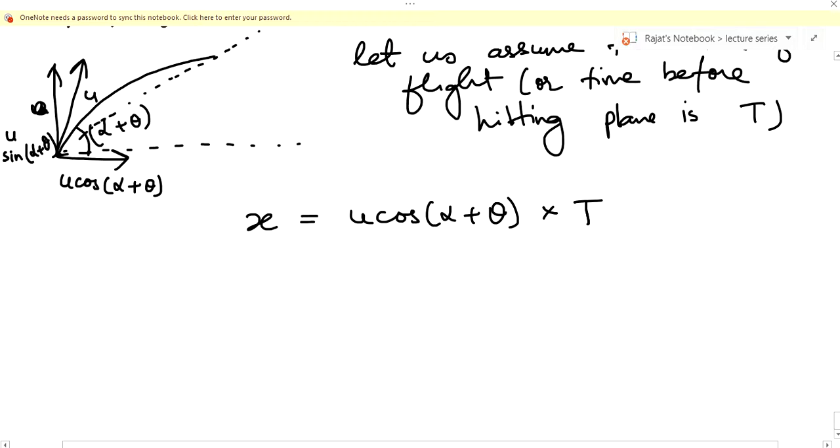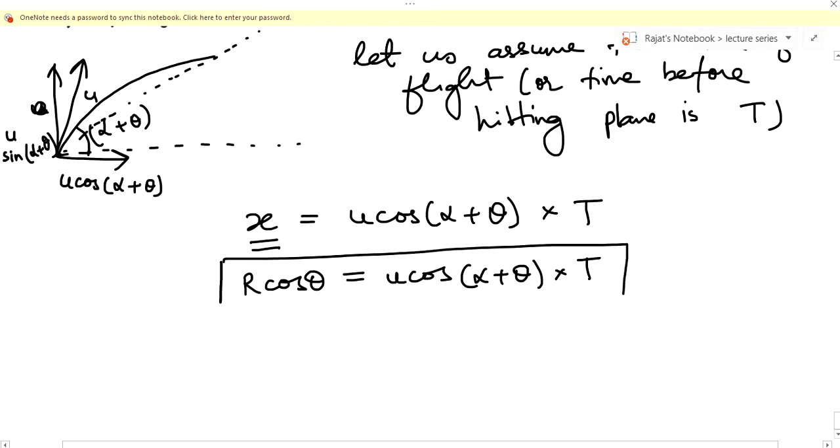So I can replace this x with r cos theta. This is the first equation that we have.